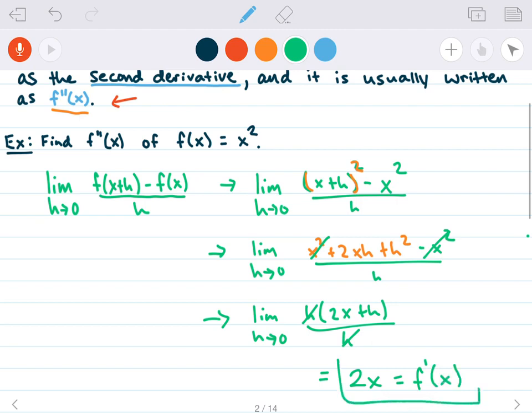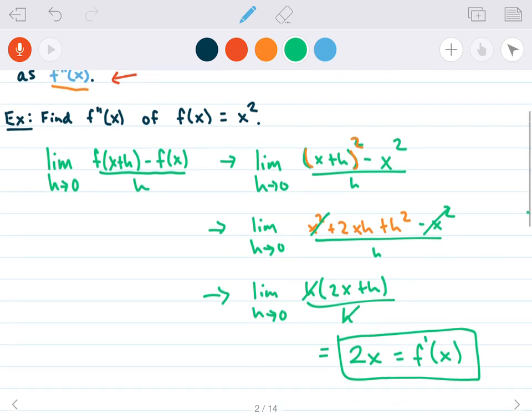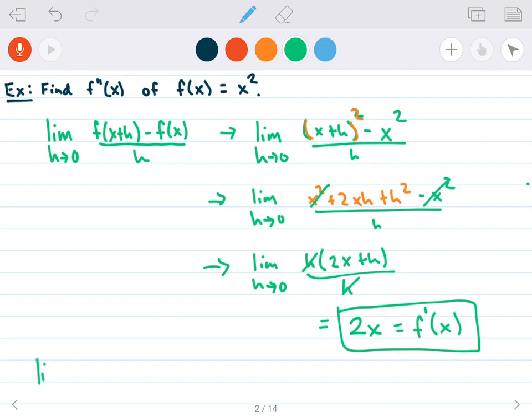This is my first derivative, and to find my second derivative, f double prime, I can just take 2x and put it back into that limit function for f of x. Okay, so let's do the second derivative. We have f of x plus h. This time I'm plugging in x plus h into that guy. So this is going to be 2 times x plus h minus our original function, which is our derivative, all over h.